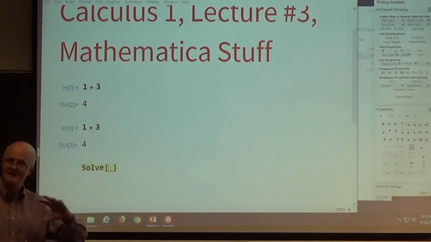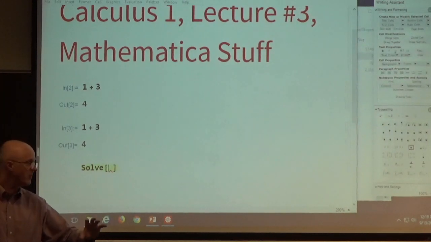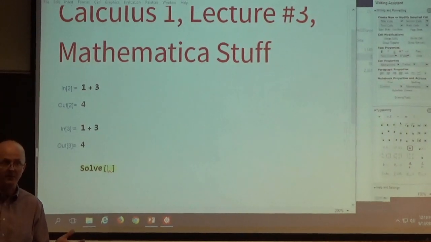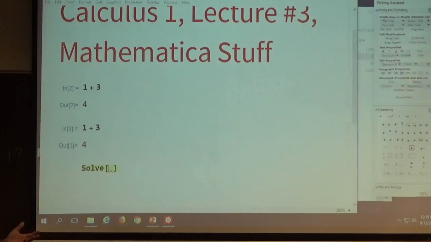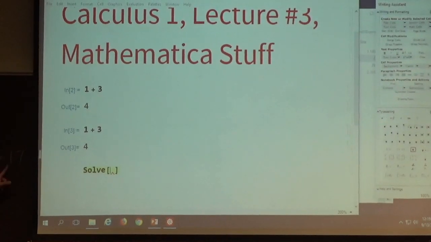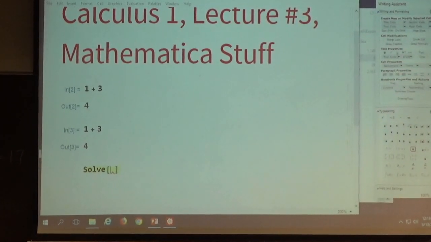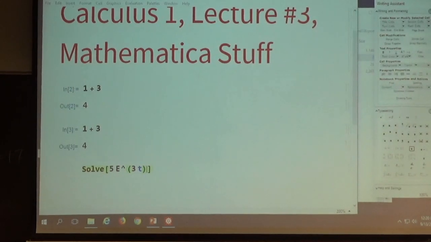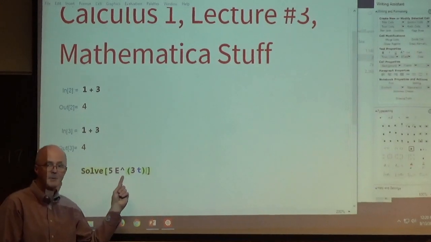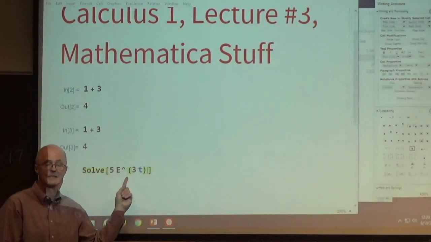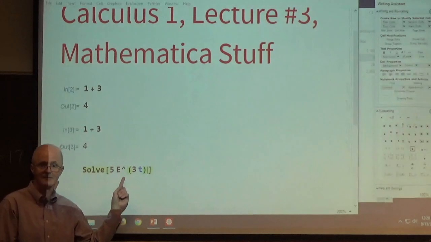The inputs are going to be expressions. The output for Solve will hopefully be a number. If I want to solve this equation, I type the equation. But how do I get the number e in there? The quickest way is with a capital E. A lowercase e is no good. Capital E in Mathematica represents the number e. That's worth writing down.